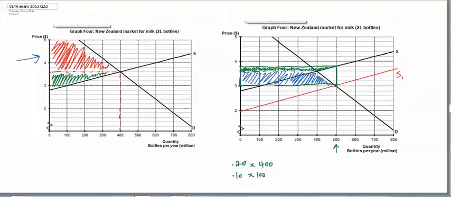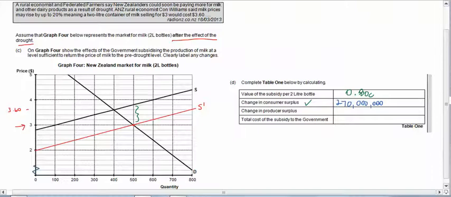And of course, that's all in millions. So what have we got? That's 80, and that's 10. So 90 million. The addition to producer surplus looks as though it might be 90 million.